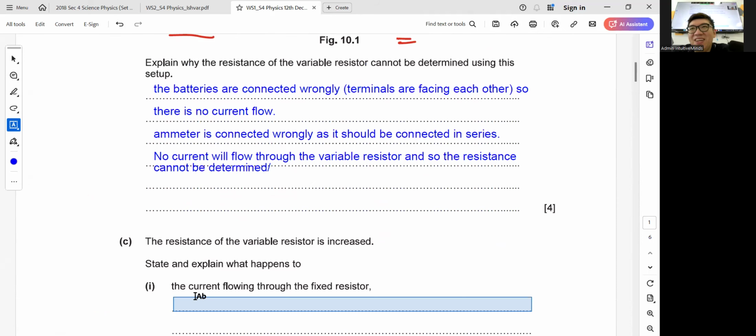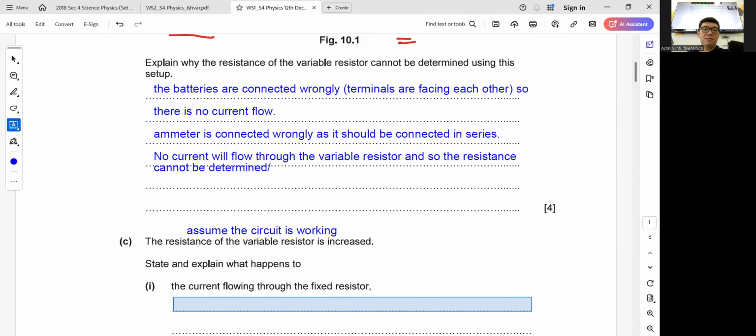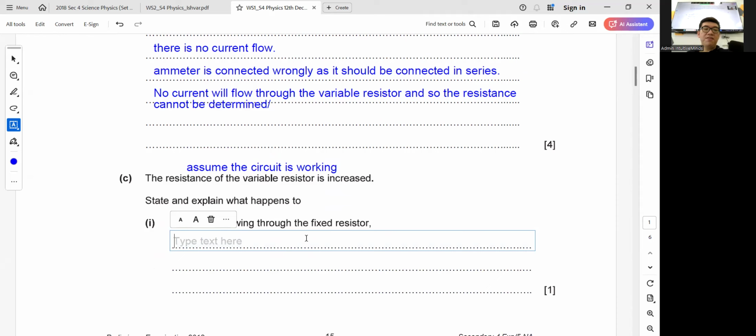Technically, I can say there's no current flow, based on the previous configuration. But let's assume that the circuit is working. Okay, what's the answer for this? And why?